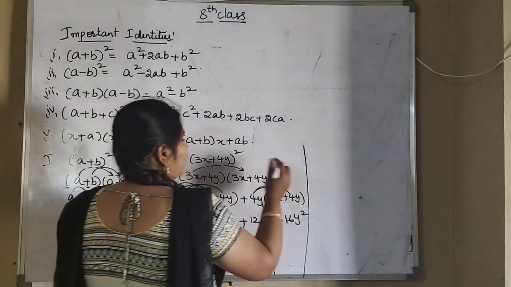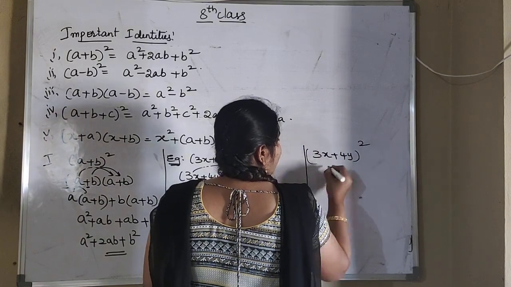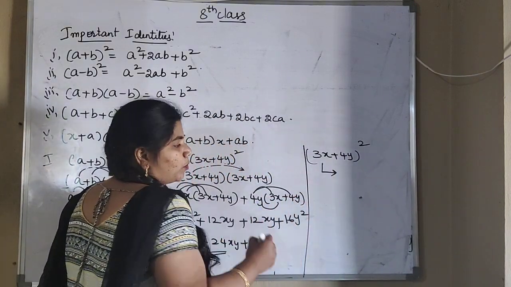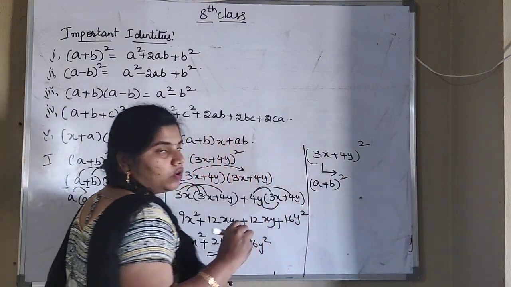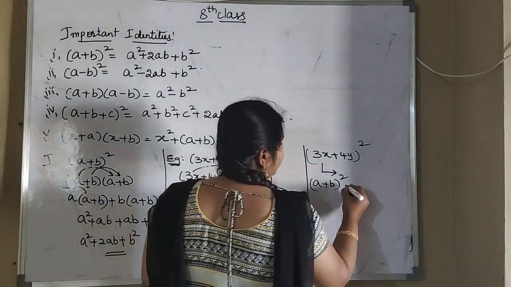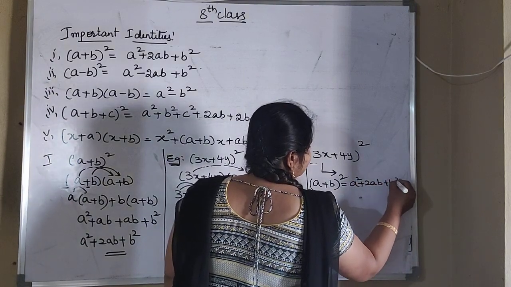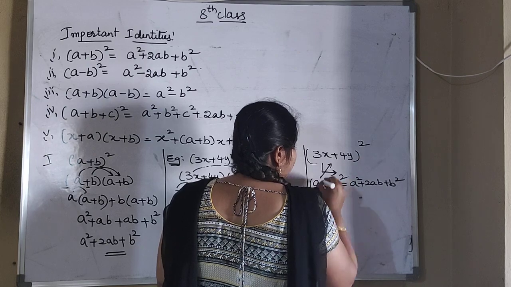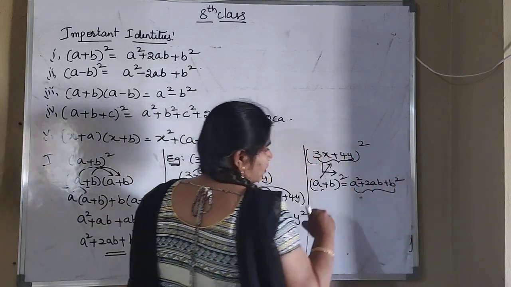So what is the question here? (3x plus 4y) whole square. Now this expression is in the form of (a plus b) whole square. So what is the (a plus b) whole square formula? a square plus 2ab plus b square. Now we will convert this into this way.